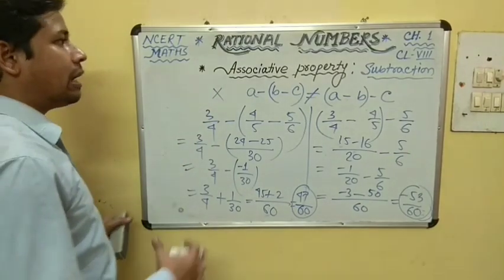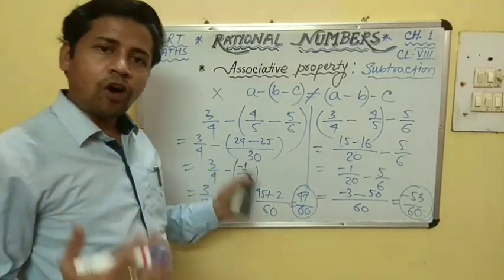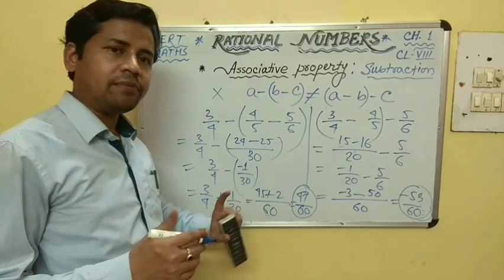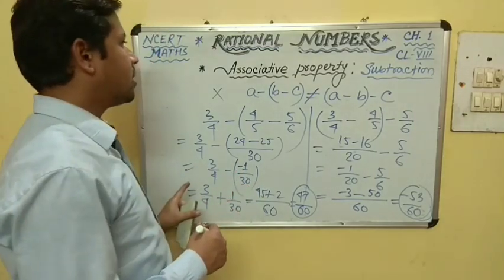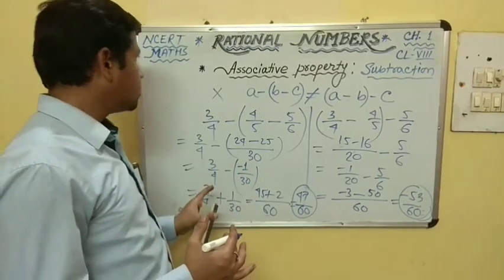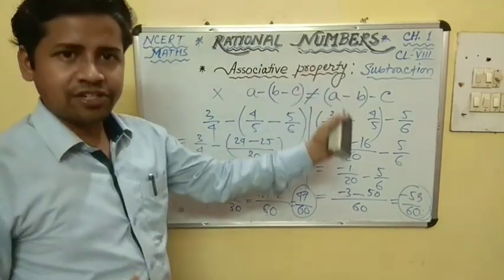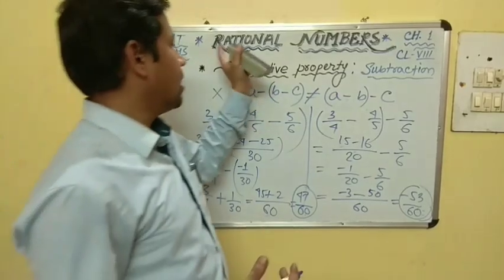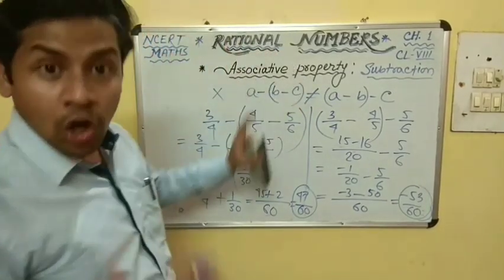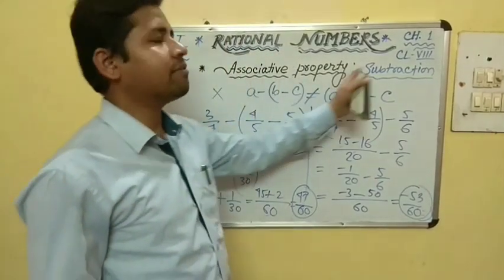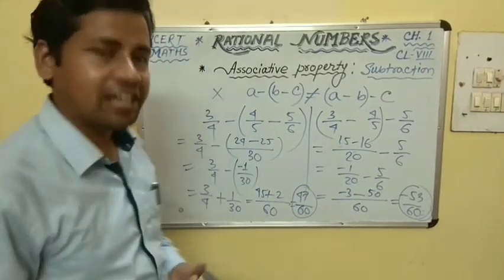So I think it is very much clear to all of you. Are rational numbers associative under subtraction? Yes or no? Rational numbers are not associative under subtraction. I think it is clear for you.